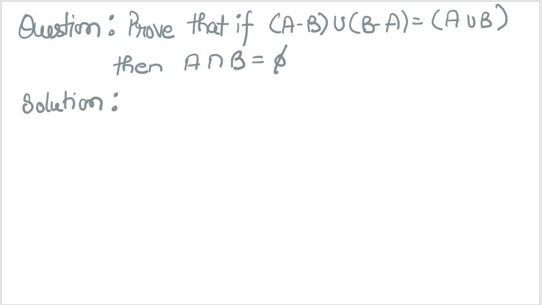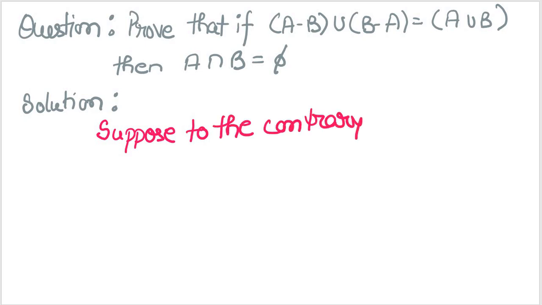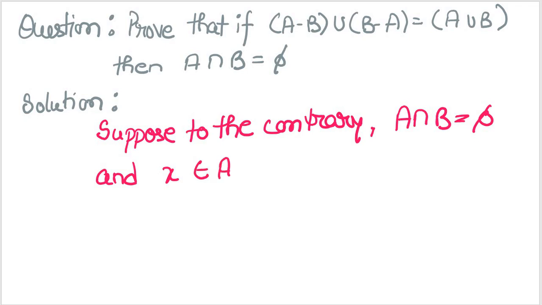Right, so let's solve this particular example, and this can be solved using contradiction. So suppose, to the contrary, I have A intersection B not equals to phi and x existing in A intersection B.